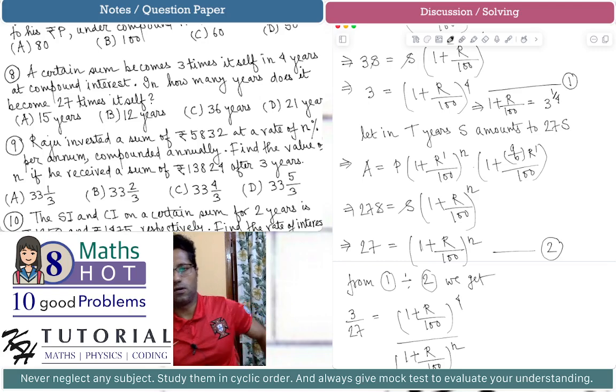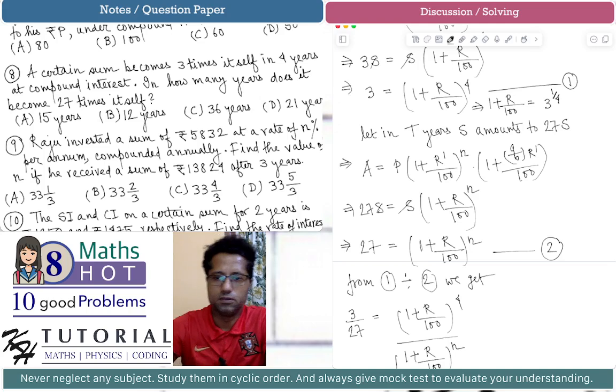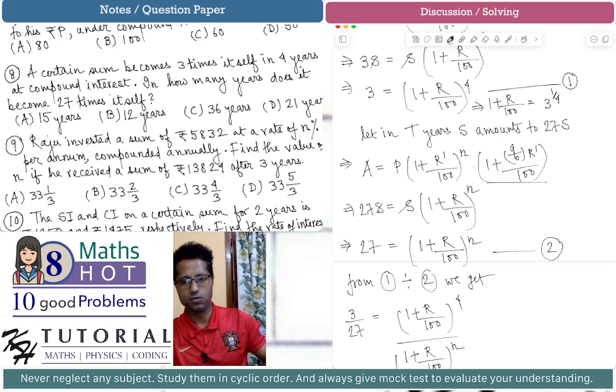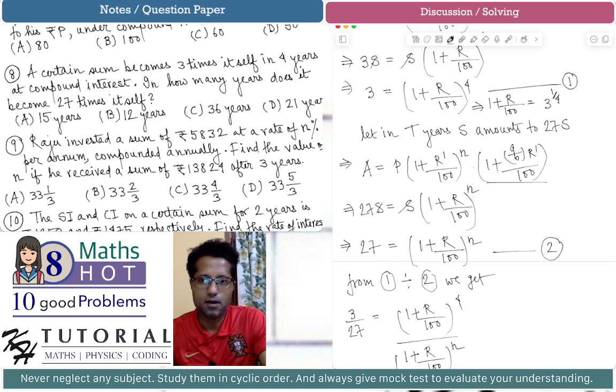Now, this factor will be 1, because we can clearly see that since the choices are all given as integers, 15 years, 12 years, and obviously the u is 12 months, so t multiplied by 12 divided by u will always be equal to t, which means that n and a by b will always be an integer, since the choices are given as integers.